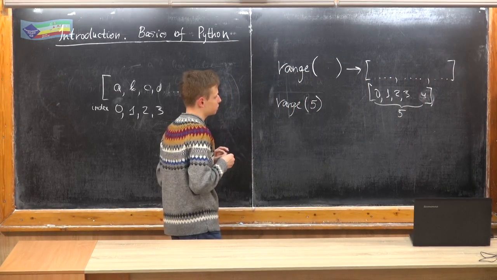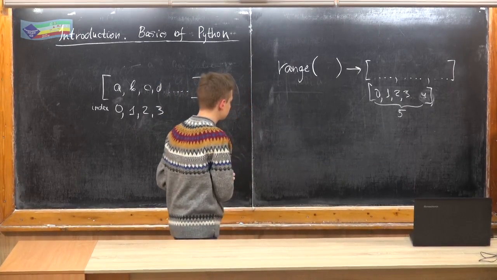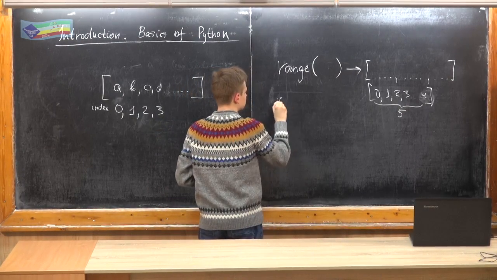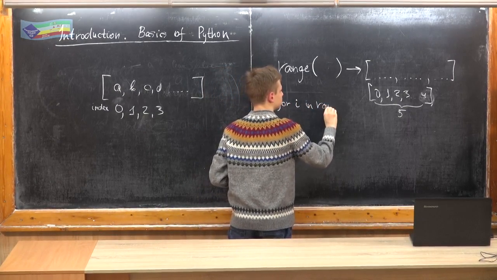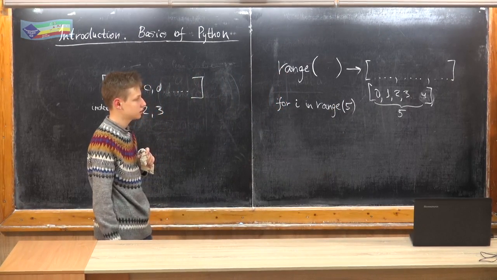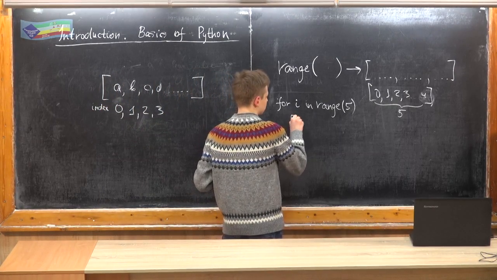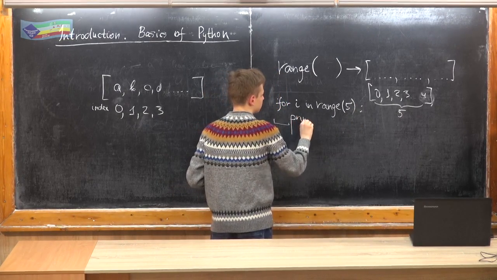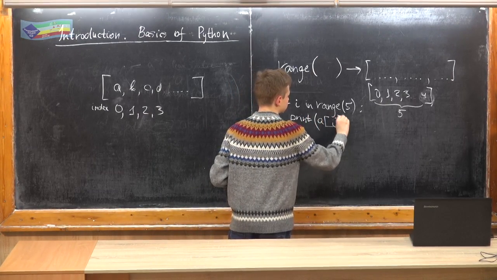And using range, you can now rewrite your loop like that. For e in range, for example 5, where e is the index of that array, we can put a colon. Then a tab and print a square brackets e.